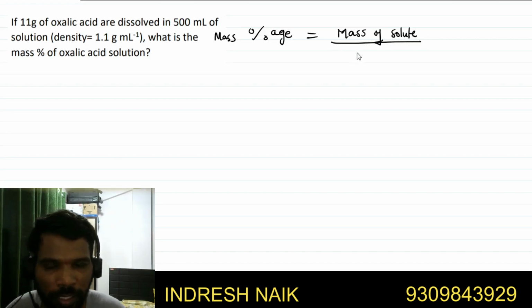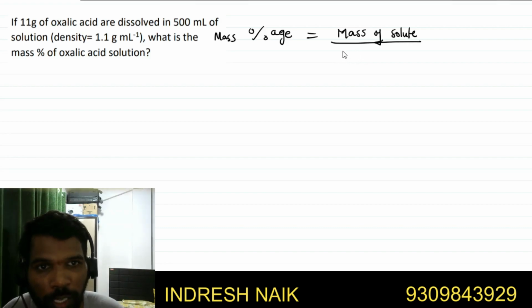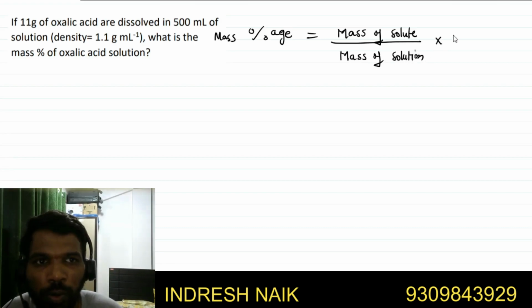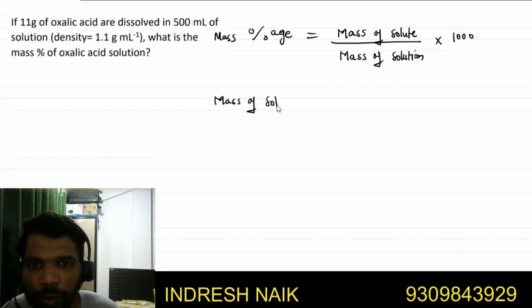Is it a mass of solute or mass of solvent or mass of solution? Total mass means total mass, that is solute plus solvent, that is mass of solution. Mass of solution is total mass, right? Into 100. So what is the mass of solute? Mass of solute is given to be equal to 11 gram, right?